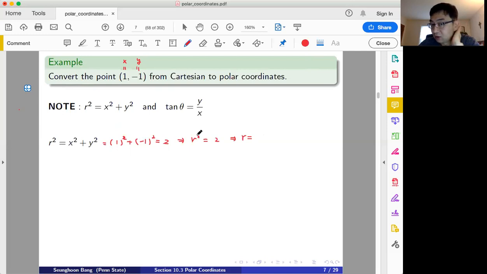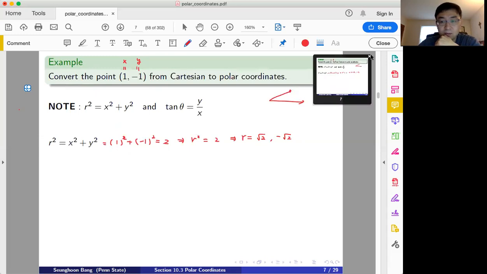So what do you think? Is the negative square root of 2 possible or not? The plus or minus is possible, right? Yeah, the negative is possible. Why? Do you remember? We have polar coordinates r and theta.